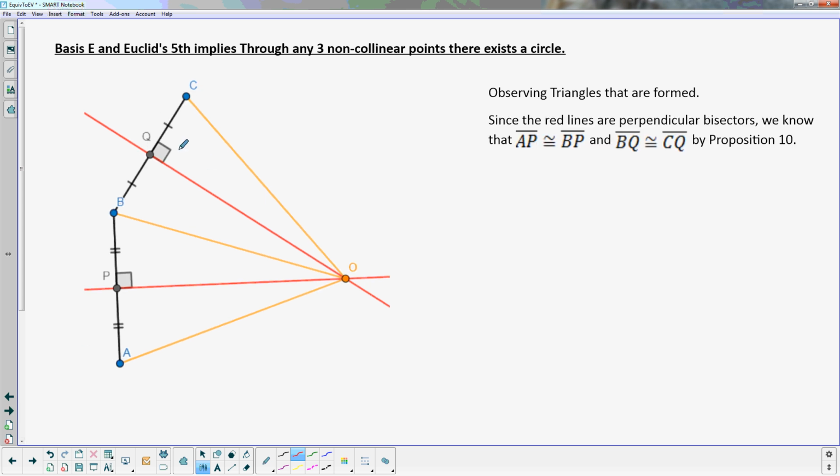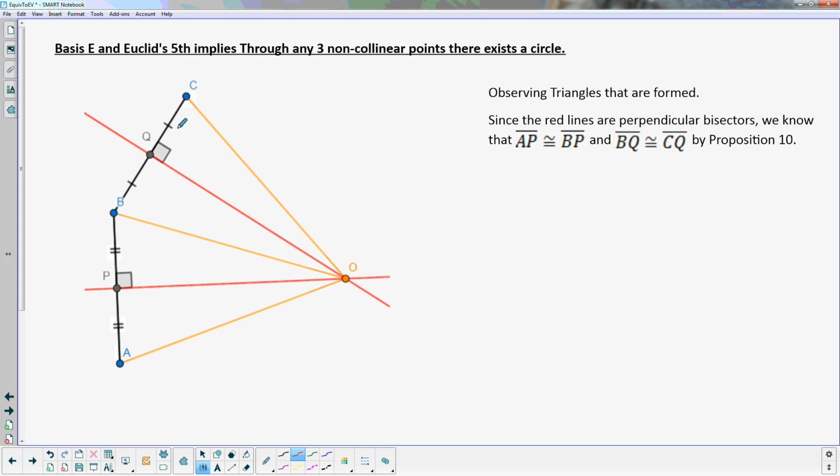So since the red lines OP and OQ were perpendicular bisectors, I know that they intersect at right angles. So here I have forced those angles to be right, and that since they're perpendicular bisectors, AP is congruent to BP and BQ is congruent to CQ.